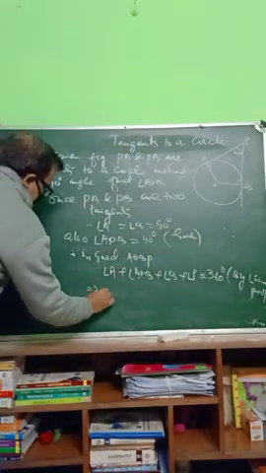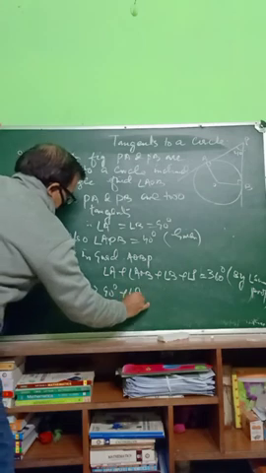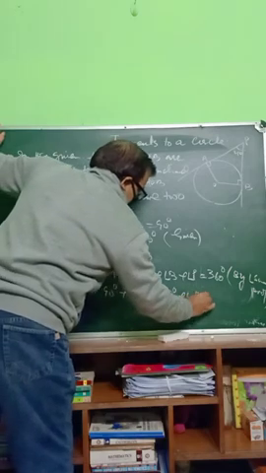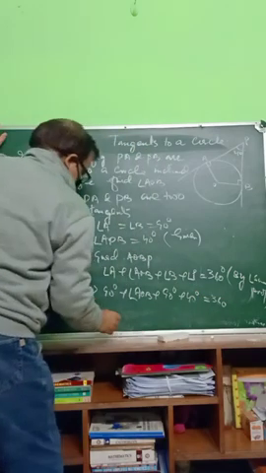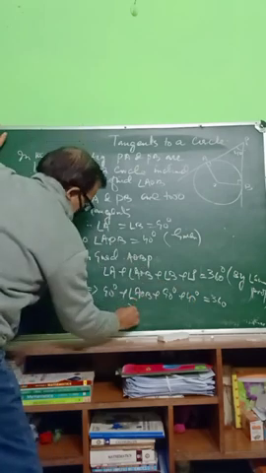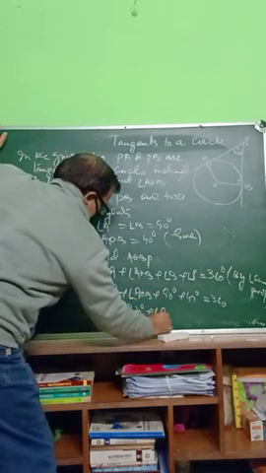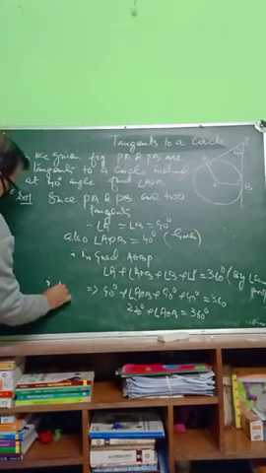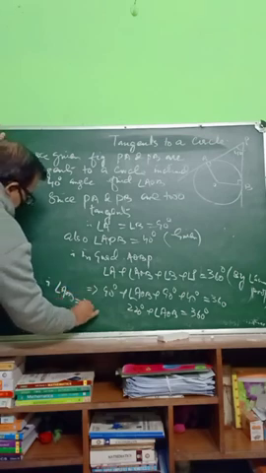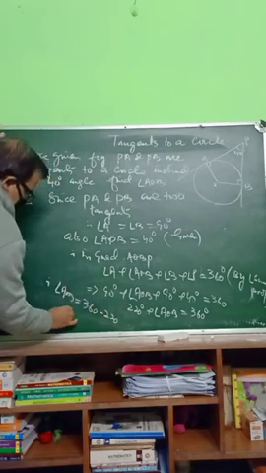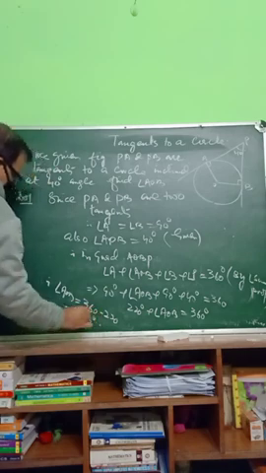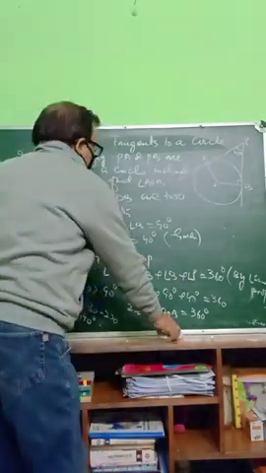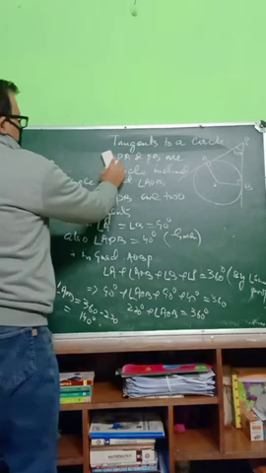This implies 90 degree plus angle AOB plus 90 plus 40 degree is equal to 360. 90, 90, 180 and 40 is 220 degree plus angle AOB is equal to 360 degree. Therefore, angle AOB is 360 minus 220. It is 140 degree. So angle AOB will be 140 degree. Similarly, another question we can do.